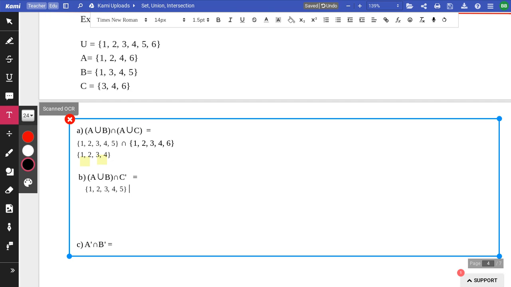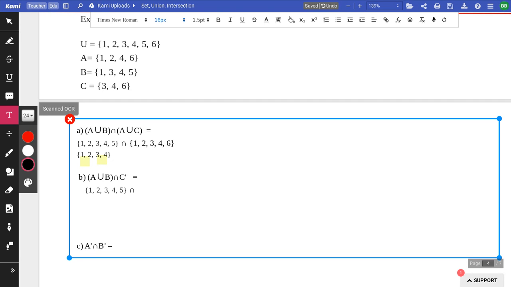And then we have an and. It says not in C.